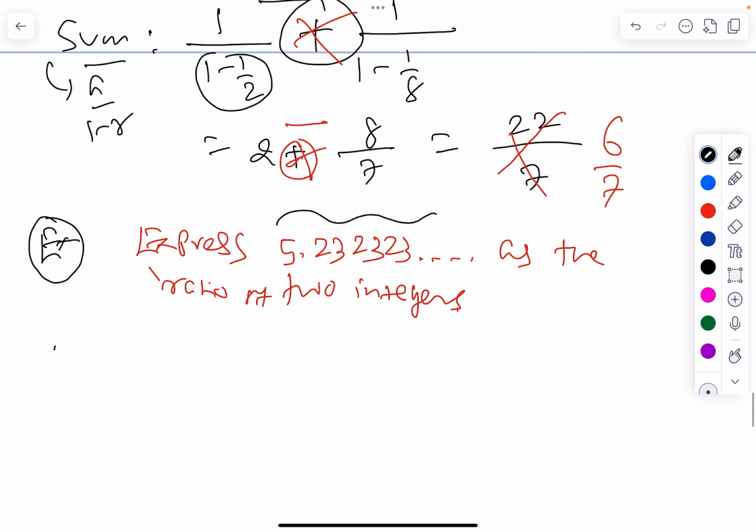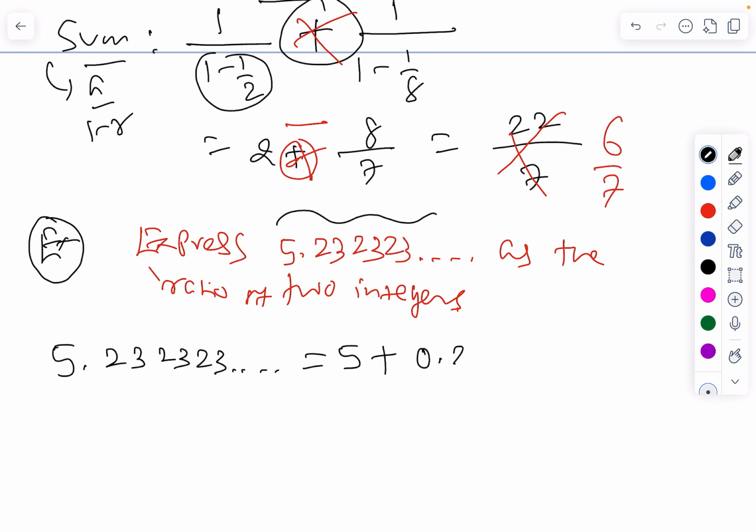So let us express this as a ratio of two integers using the geometric series. Let us see 5.23223 and so on. Can we write it like this? 5 plus 0.23223 and so on.